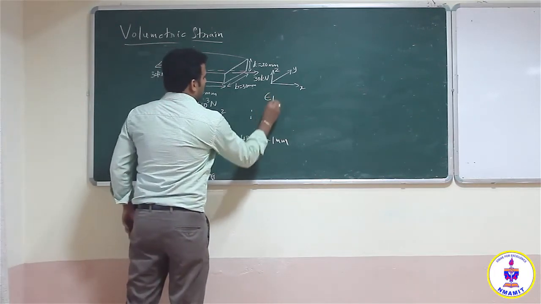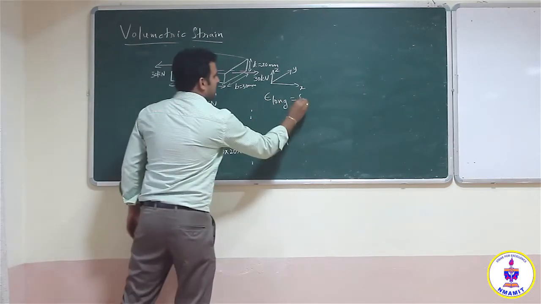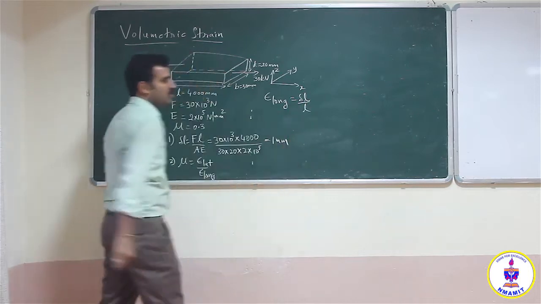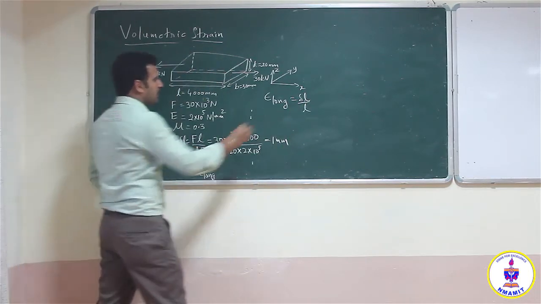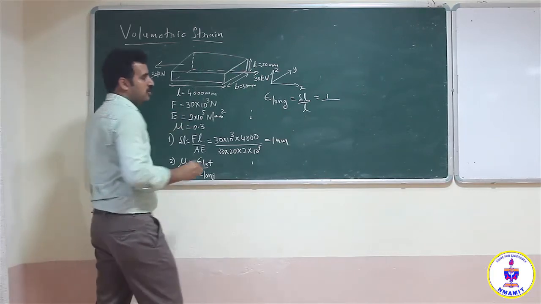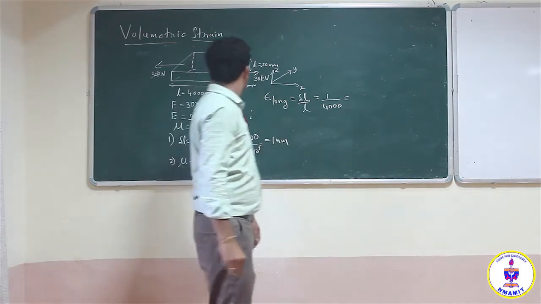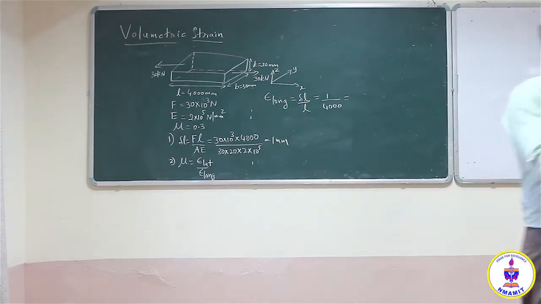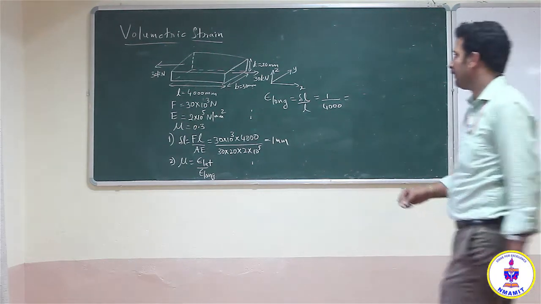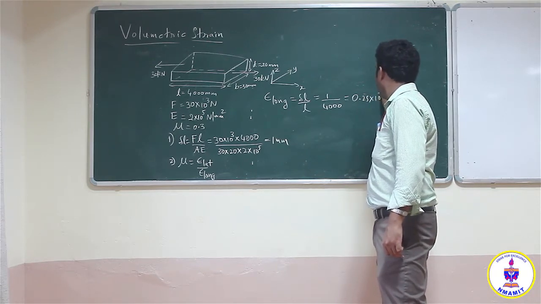For calculating the change in width and change in depth, we first have to calculate the longitudinal strain. Longitudinal strain equals change in length by original length. Change in length we calculated as 1 millimeter, and original length is 4000 millimeter. So the longitudinal strain comes to approximately 0.25 into 10 power minus 3.